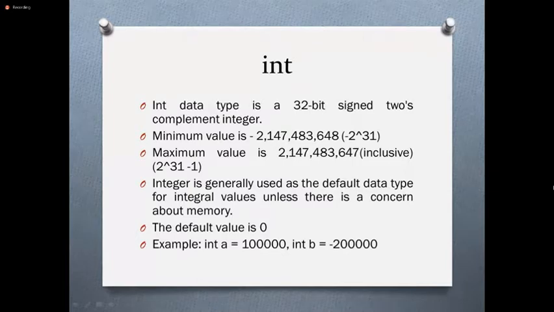And this is generally used as the default data type for integral values unless there is a concern about memory. Right, again the default value is 0. As an example, you can declare an int variable in this manner. Int assign 100,000, likewise.